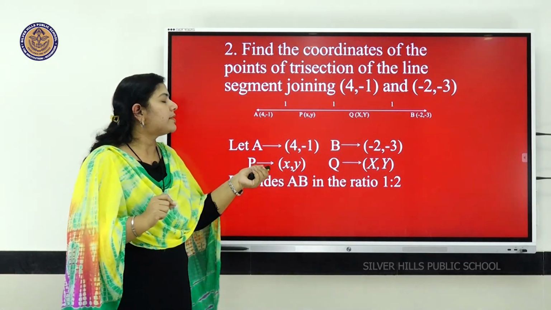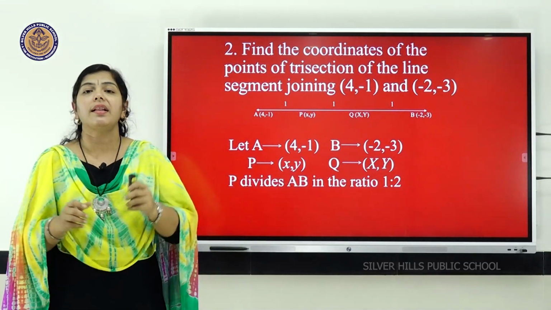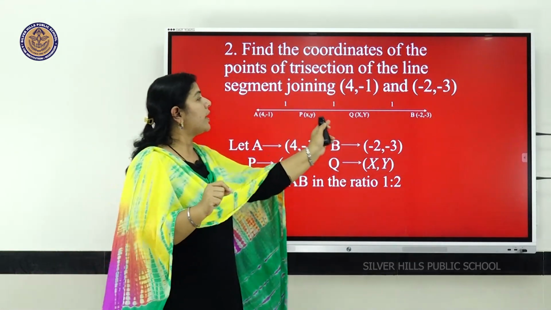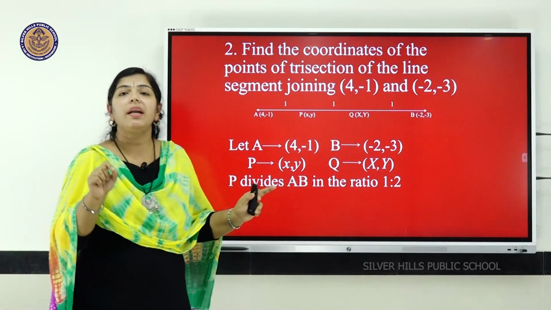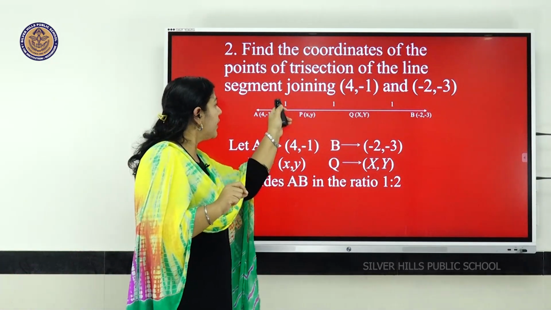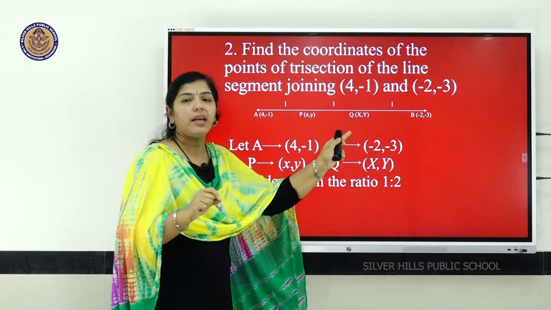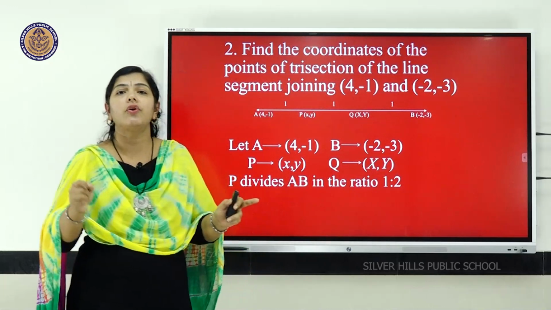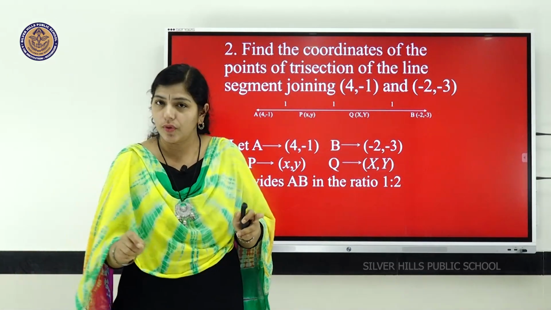Then P divides AB in the ratio... we have to find the ratio in which each point divides. It is 1 is to 1 is to 1. So, P divides AB in which ratio? See, A to P is 1, P to B is 2. So, P divides AB in the ratio 1 is to 2.